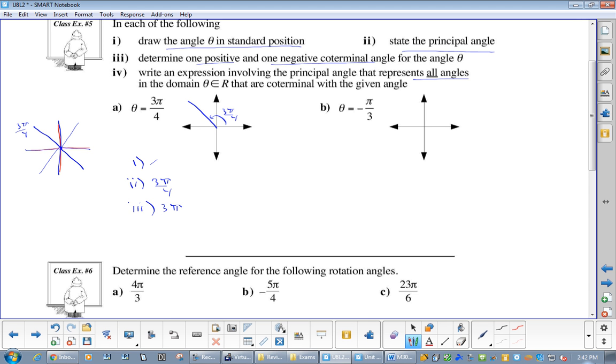Right, so 3 pi over 4 plus 2 pi. Now, the bad thing about these is we always got to find a common denominator. Now, 2 pi is the same thing as 8 pi over 4, so 3 pi over 4 plus 8 pi over 4, right? So the answer would be 3 plus 8 is 11 pi over 4.